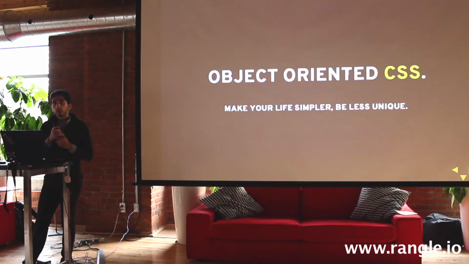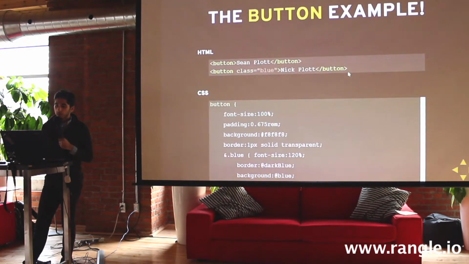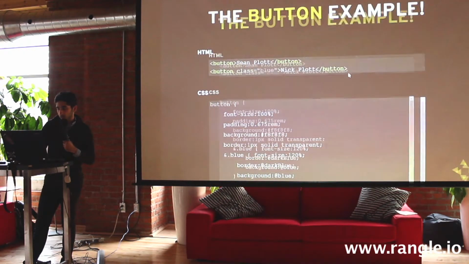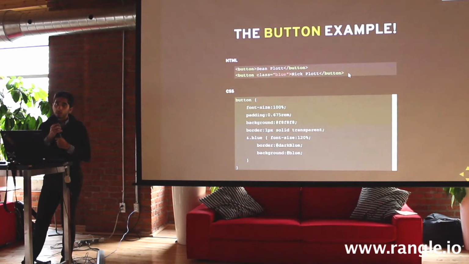I like to think of it like defining a class in JavaScript, where you would name it with a capital letter in the first value, possibly a post or a button, and that would be that type of element in your application. The simple example would be the button example, where you define what a button would be, and then extend from it: the blue, the large, the small, and so forth.